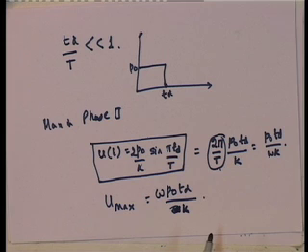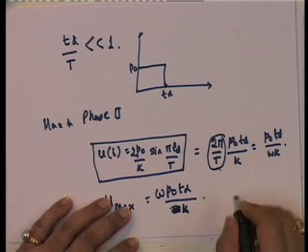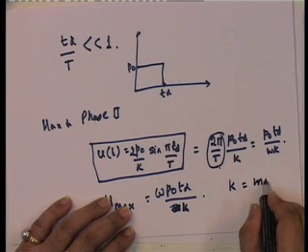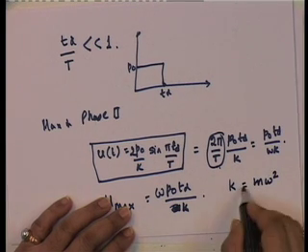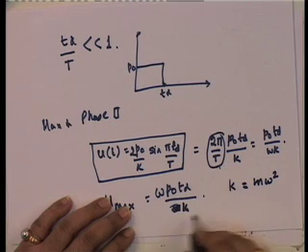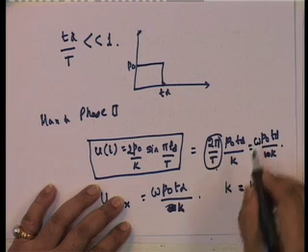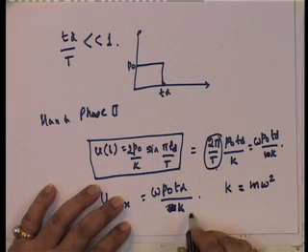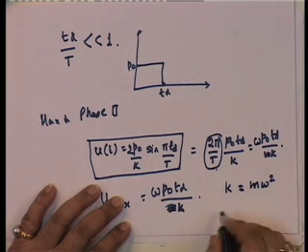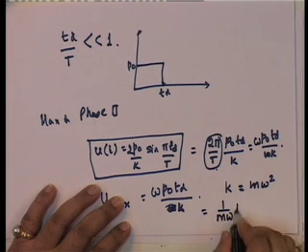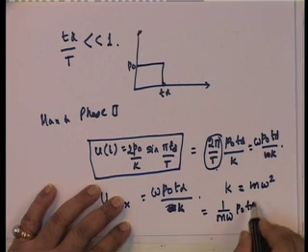Now, k is equal to m omega squared. I am going to substitute that in here, and so m omega squared comes here. So, this becomes 1 upon m omega P naught Td.